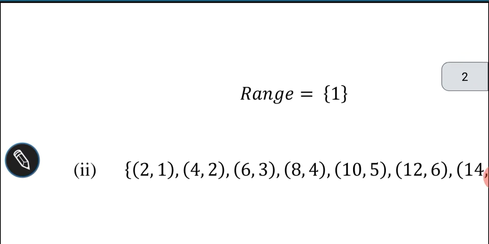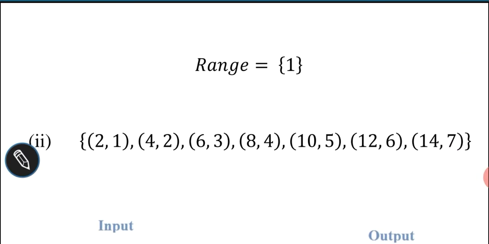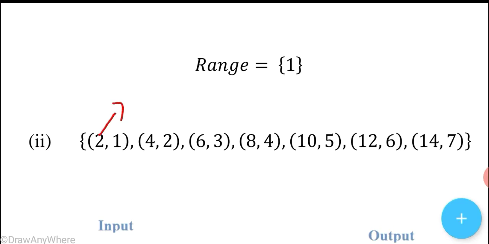The second question is (2, 1), (4, 2), (6, 3), (8, 4), (10, 5), (12, 6), (14, 7). The first element in each pair is called input and the second element in each pair is called output.